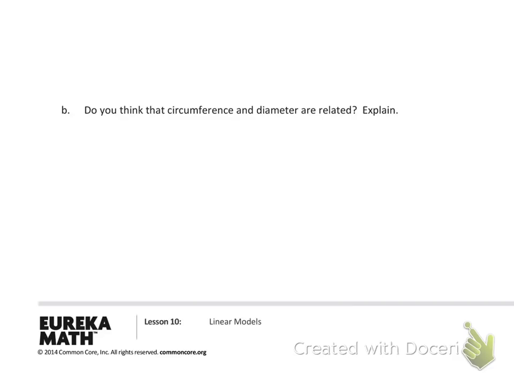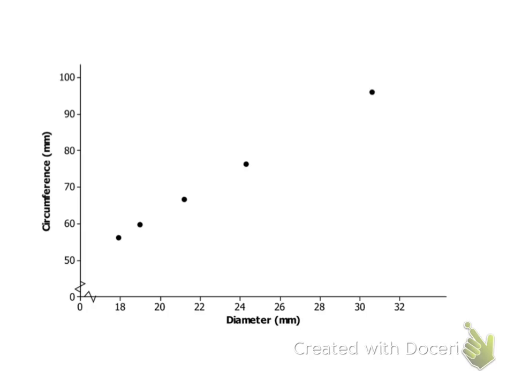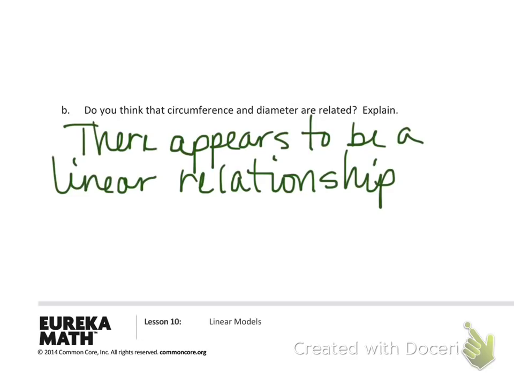Do you think that circumference and diameter are related? Explain. Looking at our graph, do you see a relationship? Yes, I see a pretty clear linear model going on here. They all appear to be in a line. So we could say there appears to be a linear relationship between the two.